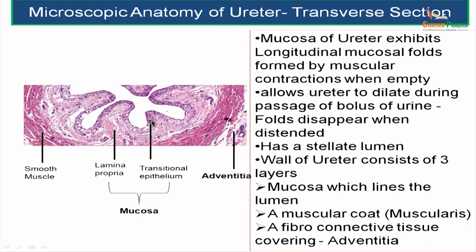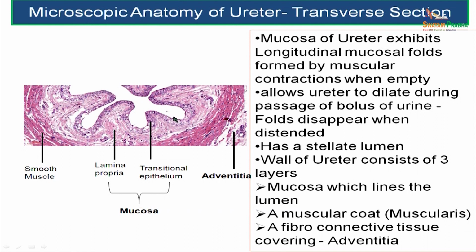These are the mucosal folds formed by muscular contractions when empty. Why are these folds present? This allows the ureter to dilate during passage of a bolus of urine. When the ureter gets distended, these folds will disappear.